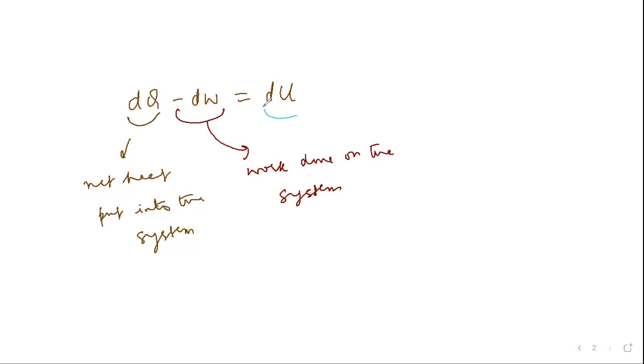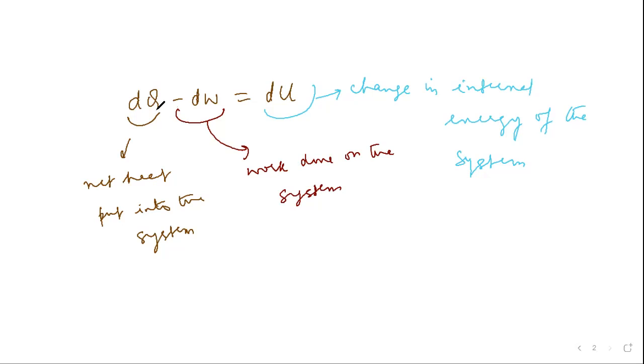It is change in internal energy of the system, right? So dq is net heat put into the system, minus dw is work done on the system, and du is change in internal energy of the system.